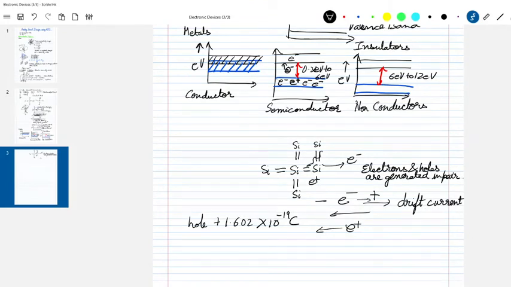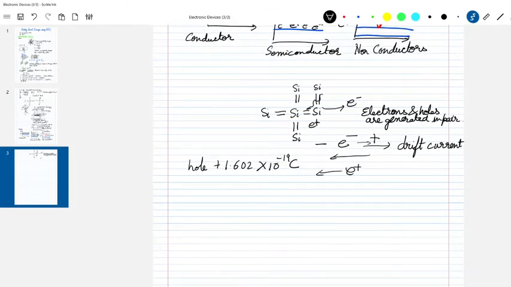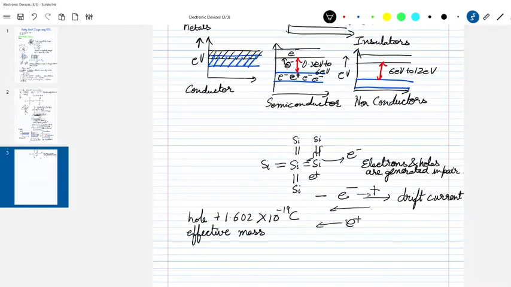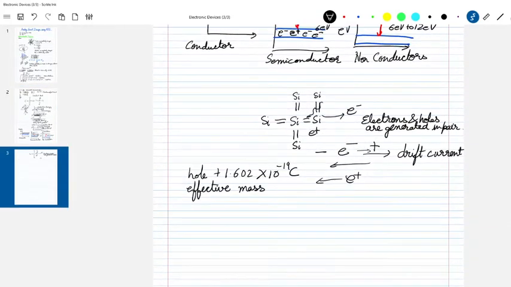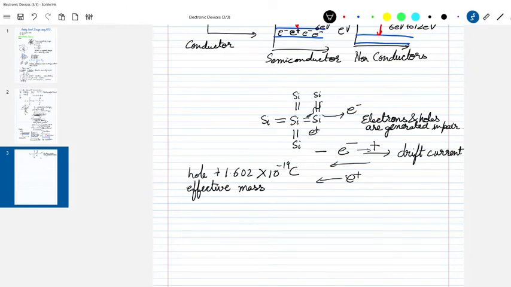If electrons move in one direction, and equivalently the vacancy of electrons moves in the other direction, this sees a certain restriction, and that is the effective mass of the hole. If the nucleus has a very strong force on these electrons, then the mobility of a hole is going to be less and the mass is going to be high.